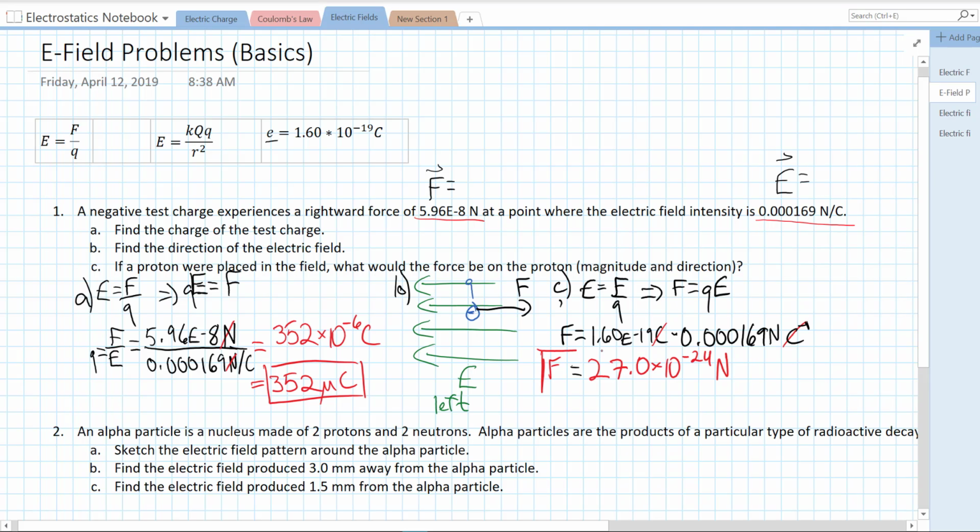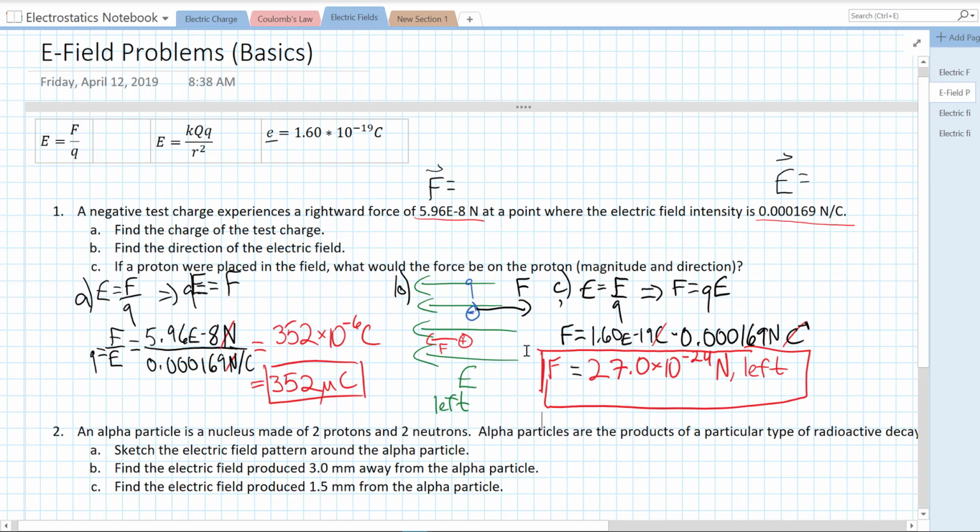And that's the magnitude of our force. Since we know that our electric field is pointing to the left and a proton is positive, a positive charge is going to feel a force in the direction of the E field, so the direction is left. That's part C. Let's move on to our next problem.